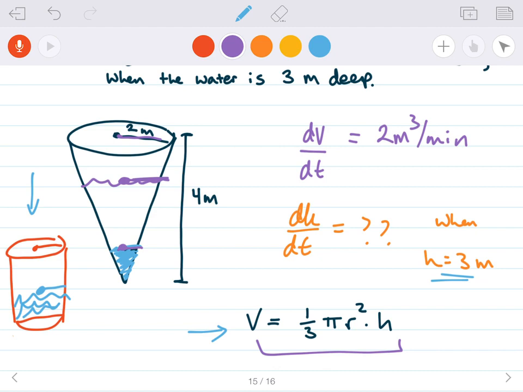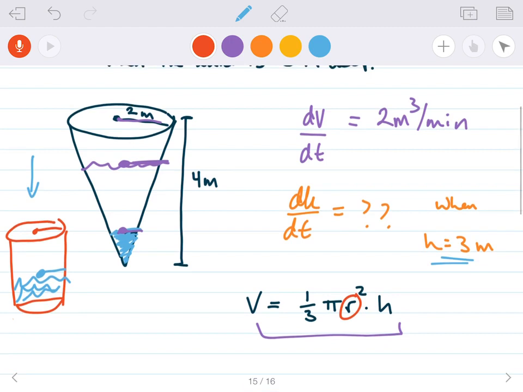But what I'm going to do instead is establish a relationship between R and H so that I can replace R in this equation with H. And so when I differentiate, I have everything I need. Okay, and so the relationship that I'm going to establish is using the idea of similar figures, okay?